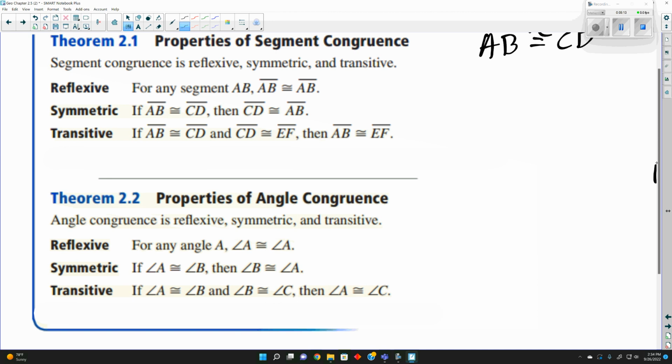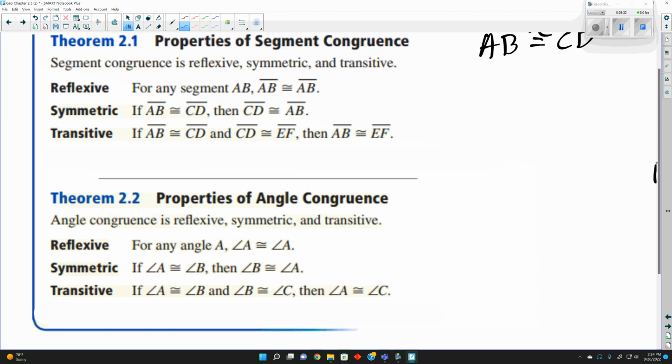Questions on any of this here? And these are listed on your reference sheet.